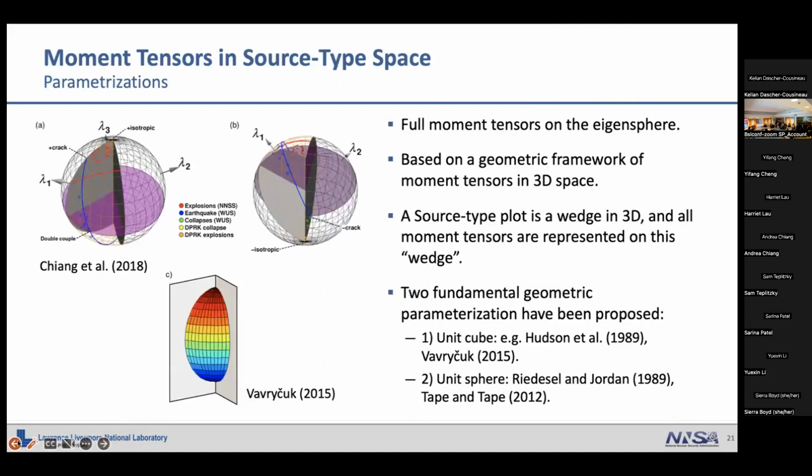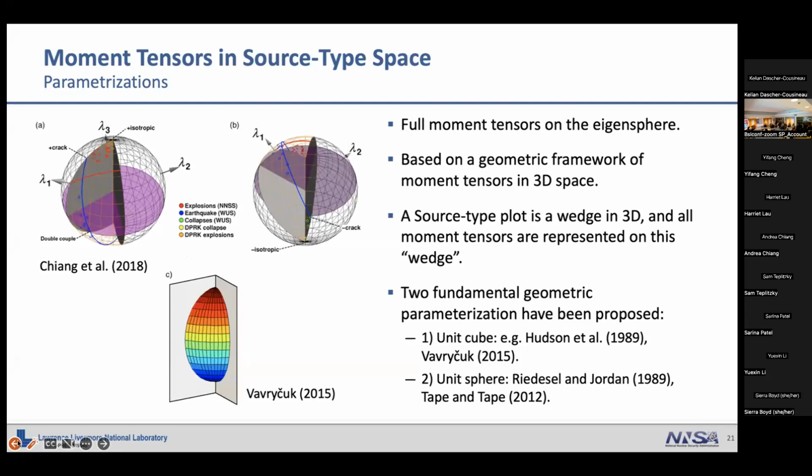And one of the other things that we want to look at, I'm not sure how many people have seen these moon plots, but it's nice to look at the beach balls, but what we're really trying to get at is how the earthquakes and the explosions are more separated. Are they closer?